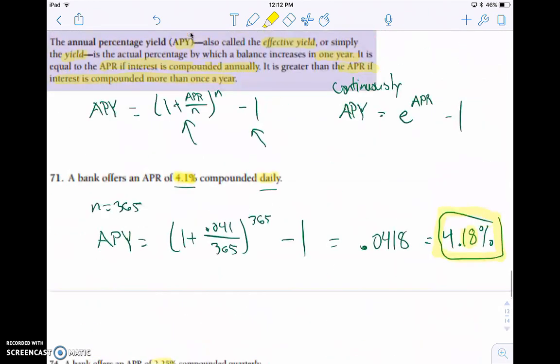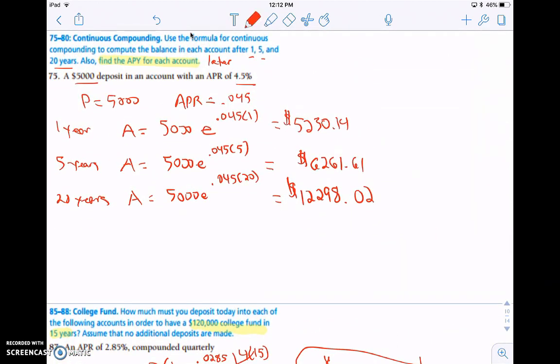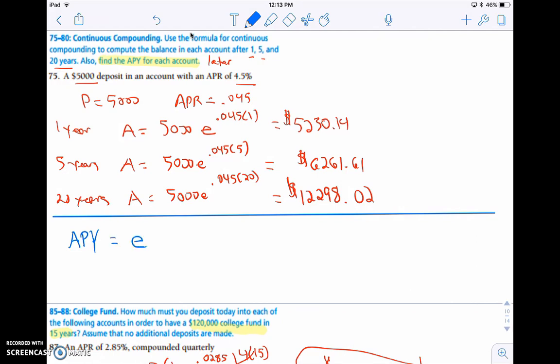Now, I said later in the lesson we were going to come back to number 75, and here we are, because we are going to find the APY when we are compounded continuously. So the APY in this question is going to be equal to e raised to the power of, since it was 4.5%, 0.045, and then subtract 1 from that, and you will get 0.046 or 4.6%.